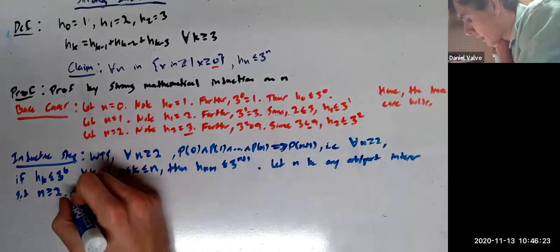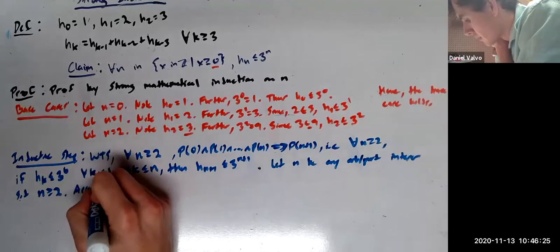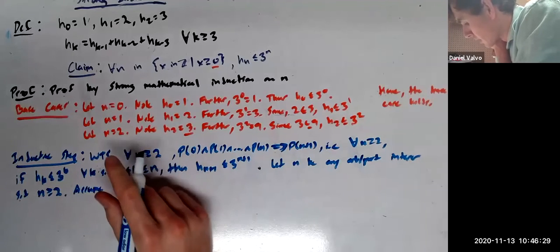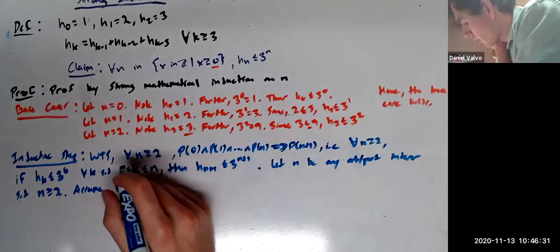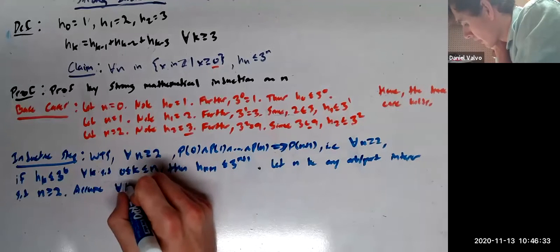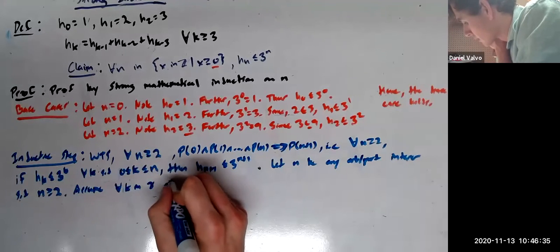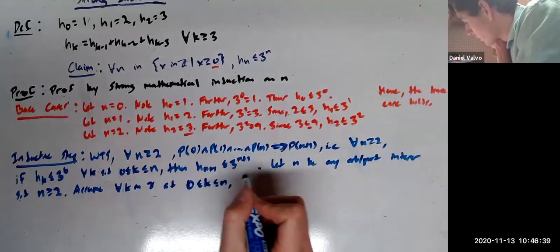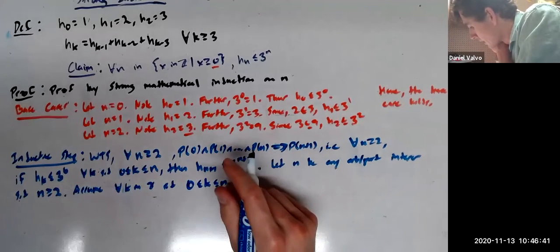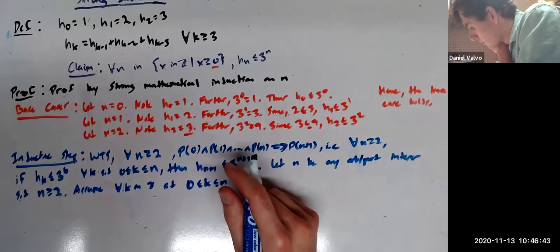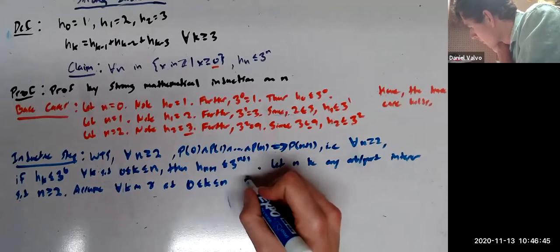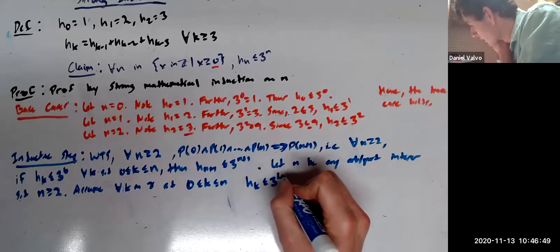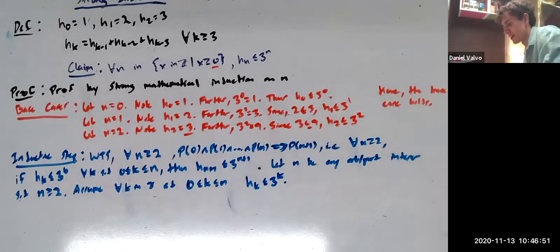So assume that for all k in the integers such that 0 is less than or equal to k, which is less than or equal to n, we want the claim to be true. We want h of k to be less than or equal to 3 to the k. Okay, there we go. Sorry, got distracted.